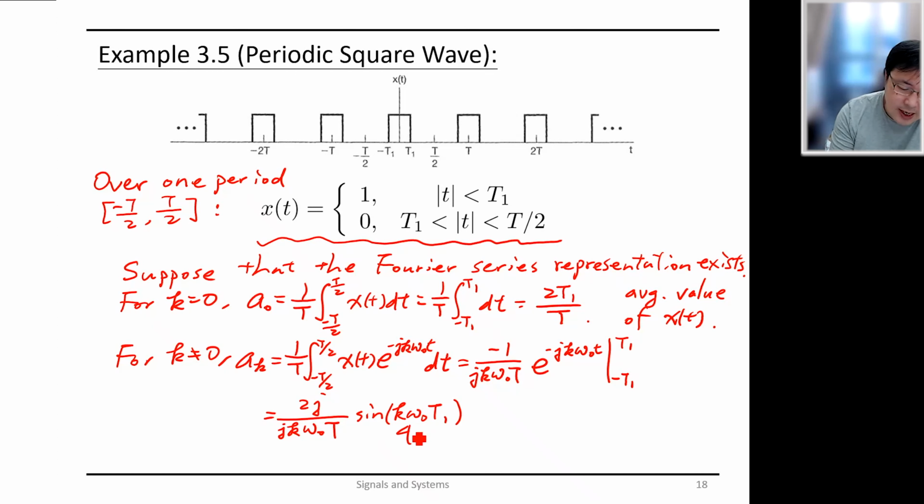Now, by the fact that omega naught is 2 pi over capital T, if you plug this in, this reduces to 2 over capital T, sine of 2 pi over capital T k T1, over 2 pi over capital T k.